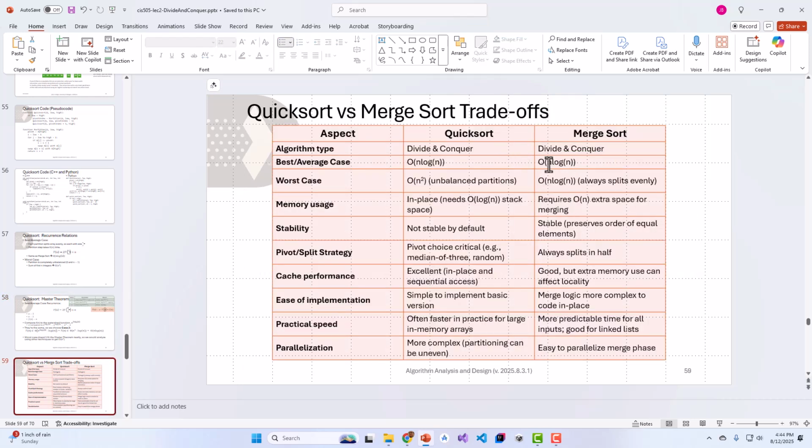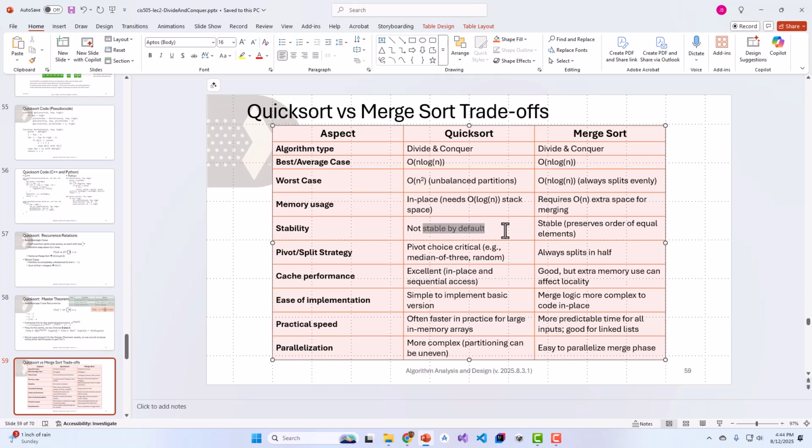And then this is just giving some trade-offs about the types of algorithms, best and average cases versus worst cases. Memory use. We didn't really talk much about space, so this is memory use. Quicksort tends to have less space usage. So it has log of n space versus big O of n space for merging.